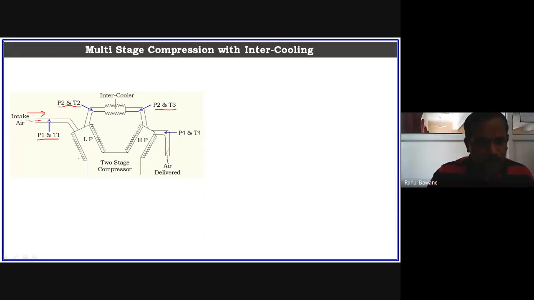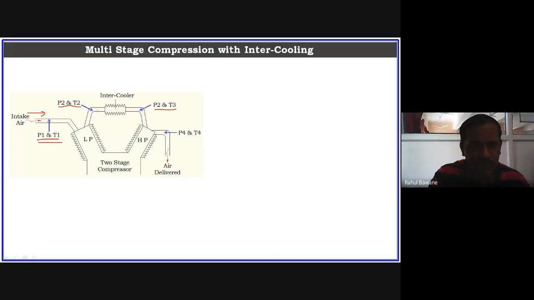So overall, we take in air from the atmosphere, that is P1, T1 condition. It is firstly compressed in the low pressure cylinder, that is the LP cylinder, and its pressure becomes P2 and T2.